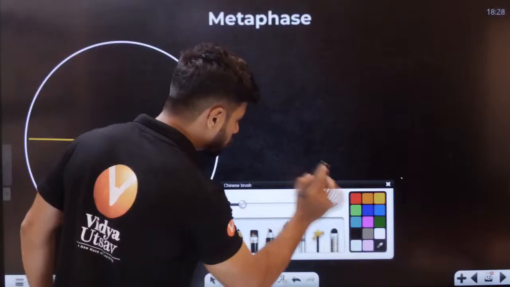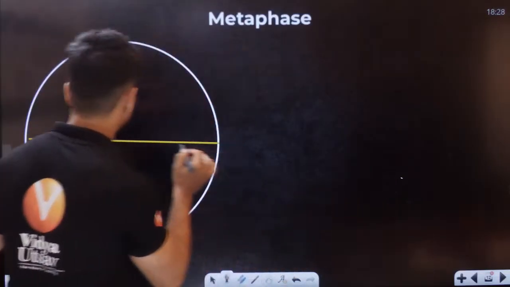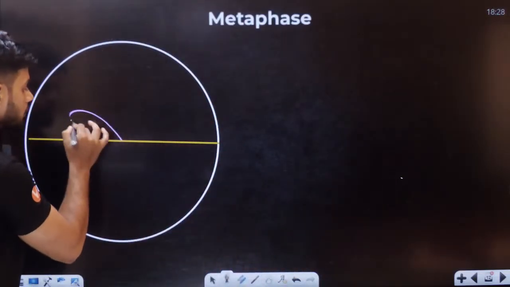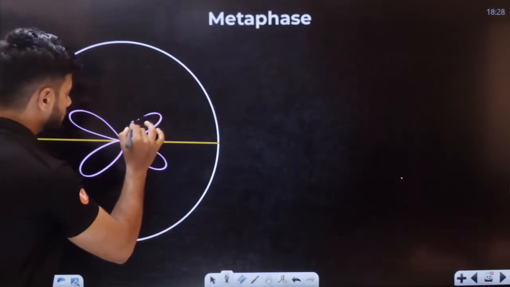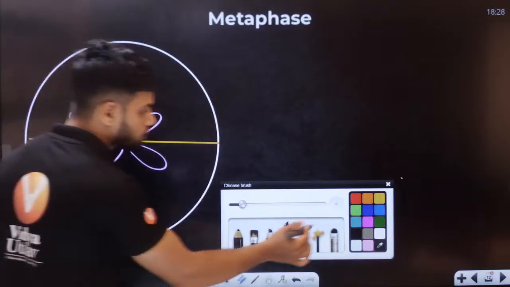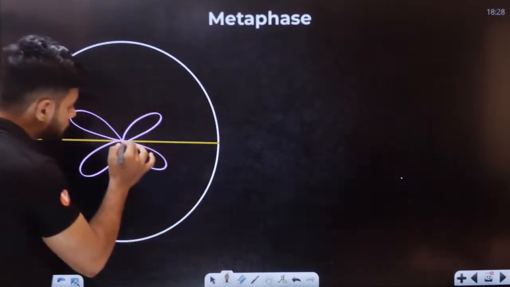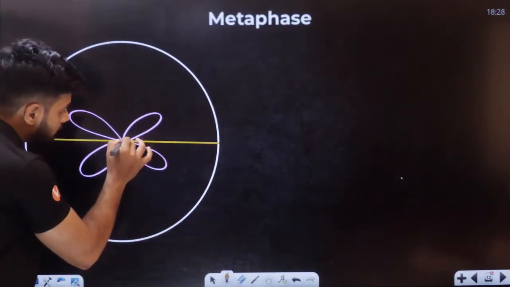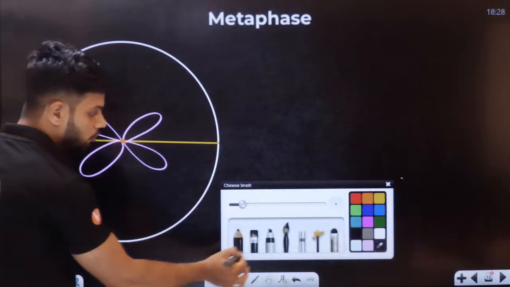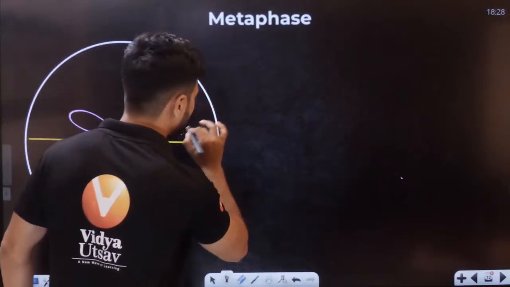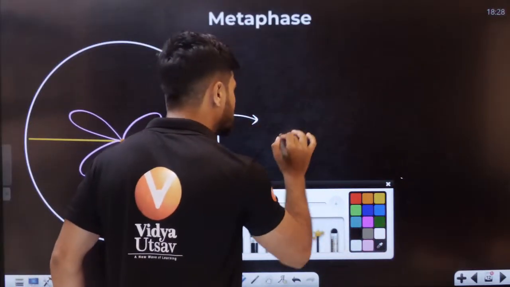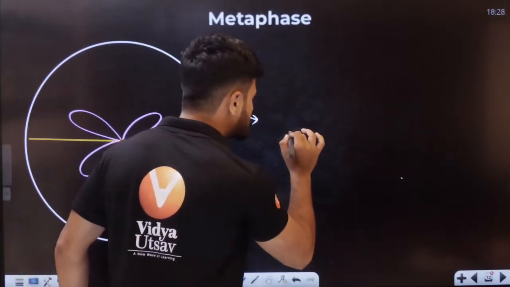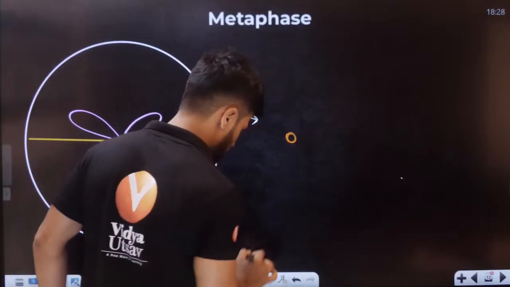I'll just draw one chromosome and I'll show you what exactly is happening here. This is one chromosome right here. This chromosome's middle part is here. Let's focus on this one vertically right now. Same thing I'm drawing here.